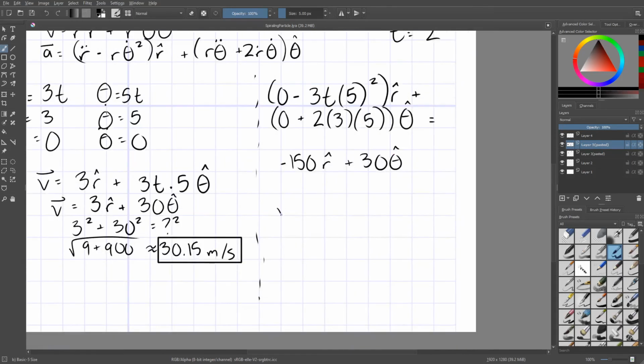Again, to get the magnitude, we end up taking the square root of negative 150 squared plus 30 squared, which grants us about 152.97 meters per second squared.